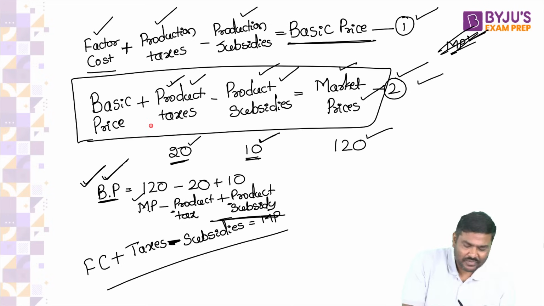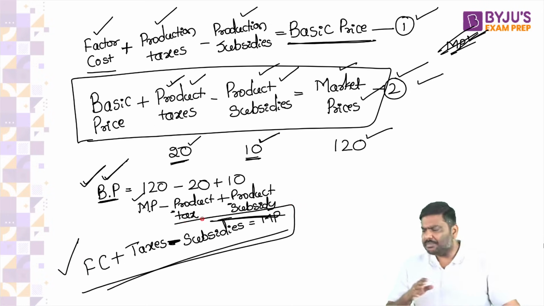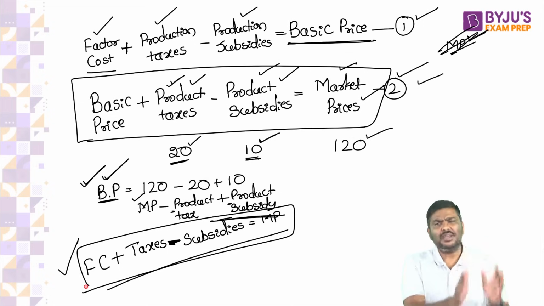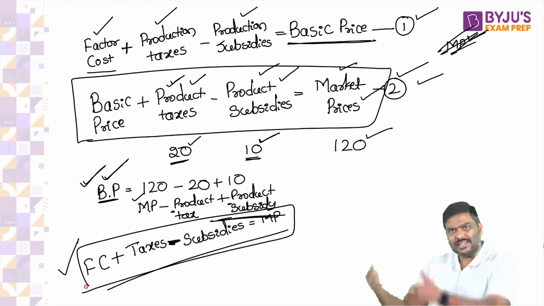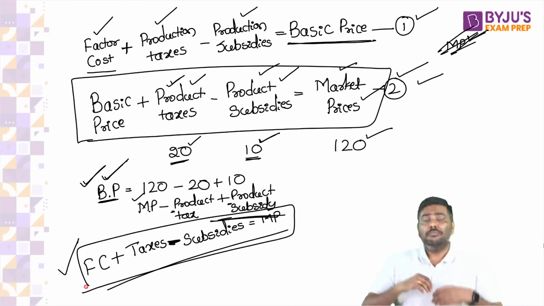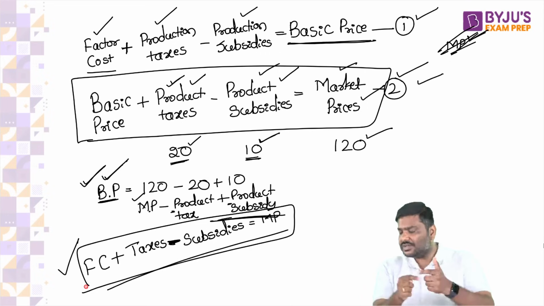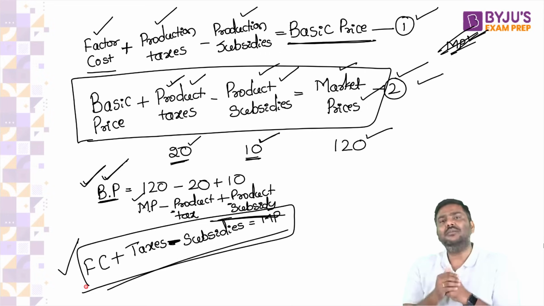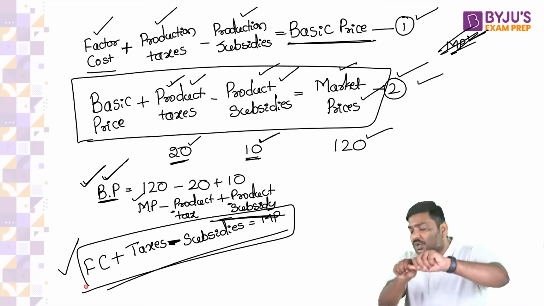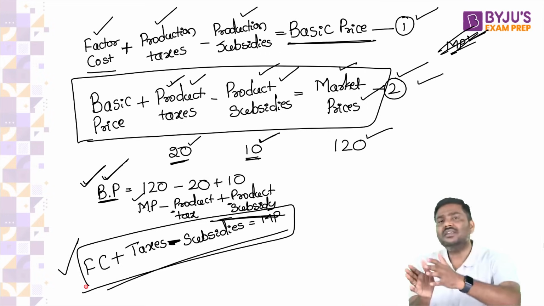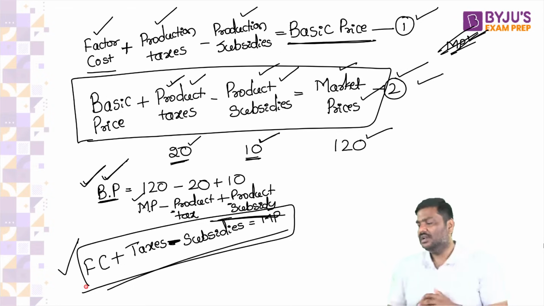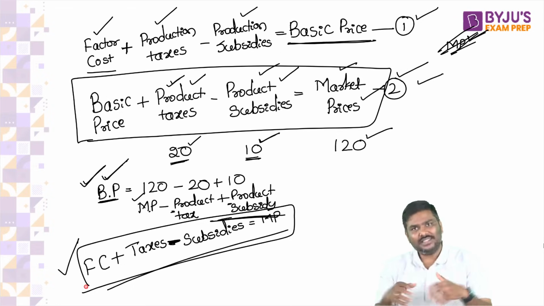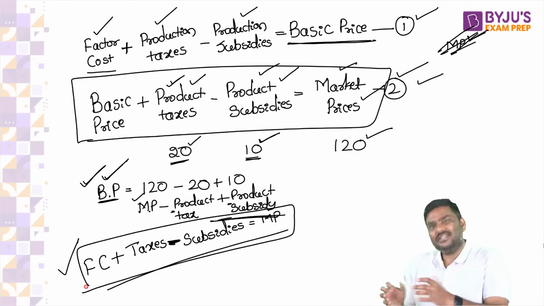Earlier we used a very simplified formula, that is factor cost plus taxes minus subsidies is equal to market prices. But from 2015 we have introduced a new system. What is the new system? Subsidies are of two types. Taxes are of two types.